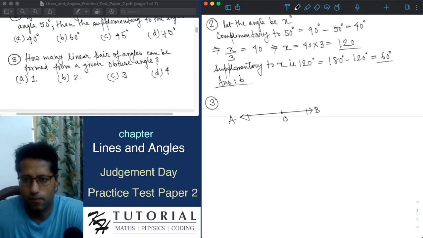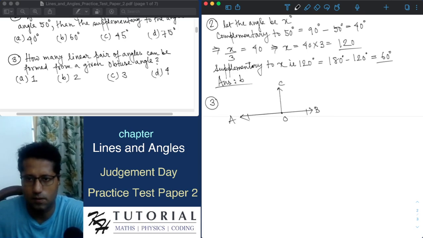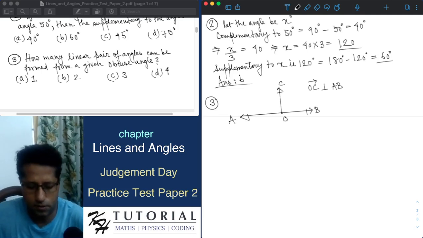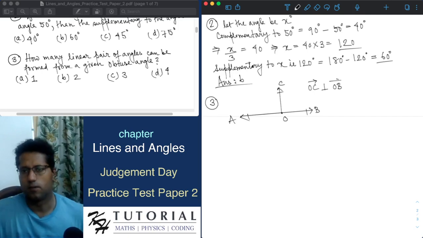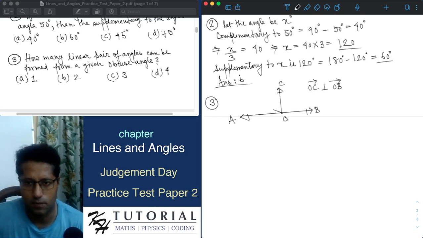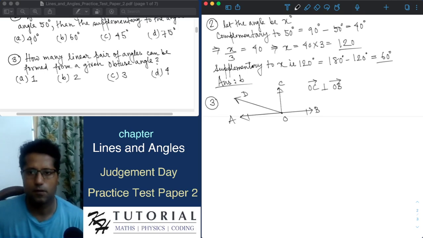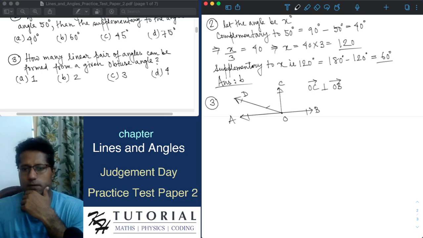So if this is, say, OC, let's say OC is perpendicular to AB, or OC is perpendicular to OB, then an obtuse angle could be something like this, OD. So this is an obtuse angle.